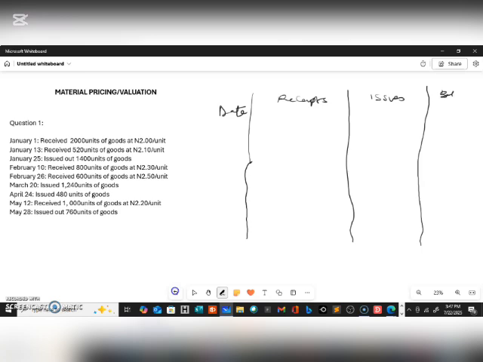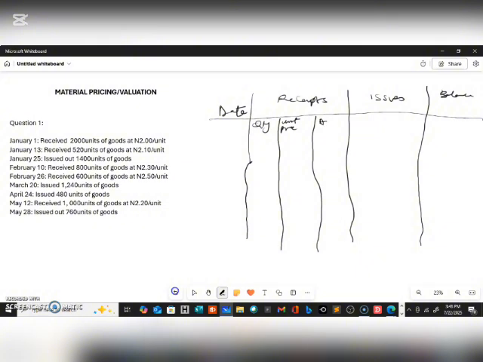Here we're going to have subcolumns. We're going to have the quantity of the product. We're also going to have the price per unit, the unit price, and we're going to have the amount.